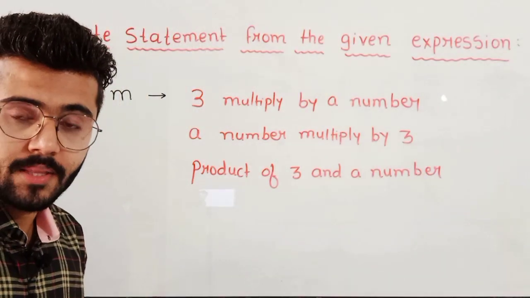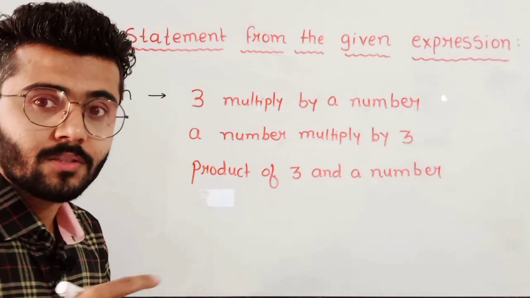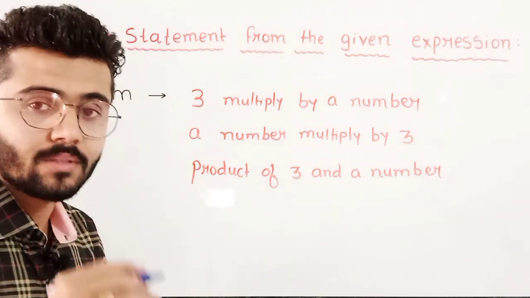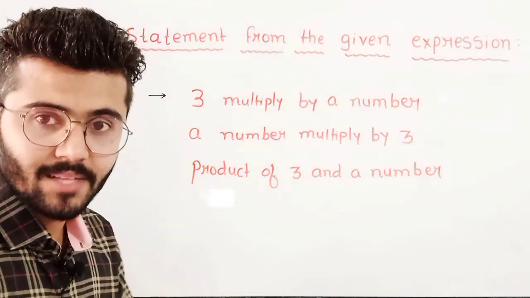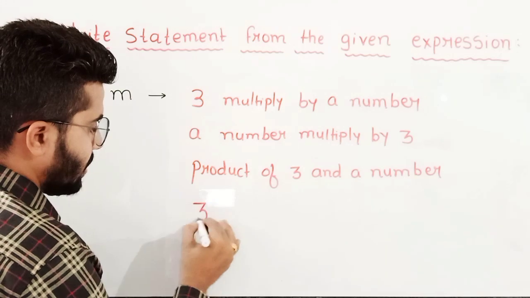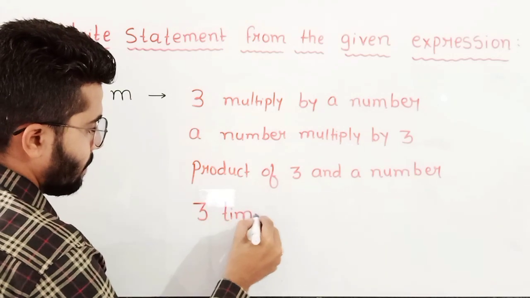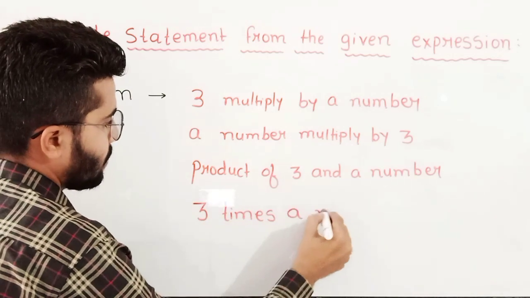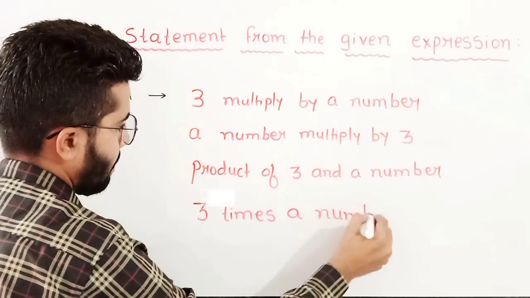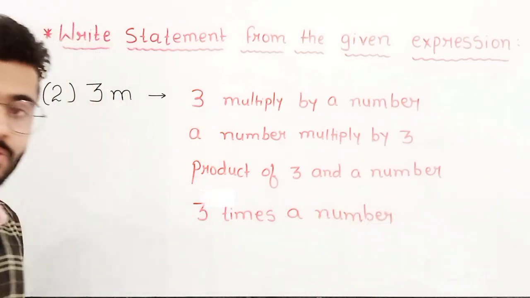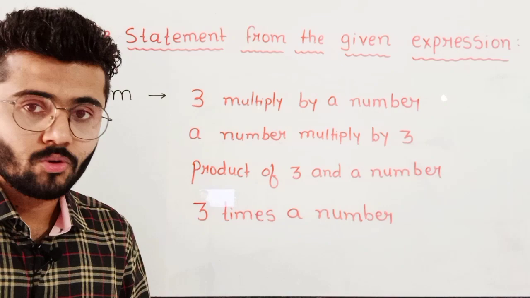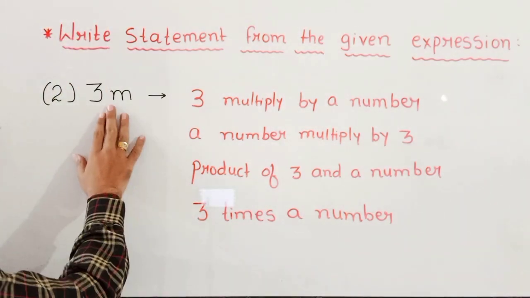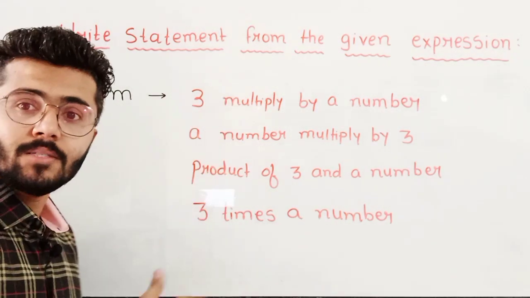Can we also say that a number 3 times or 3 times a number? Yes, that is also correct. 3 times a number. So this is the second example where I showed you one expression can have multiple statements.